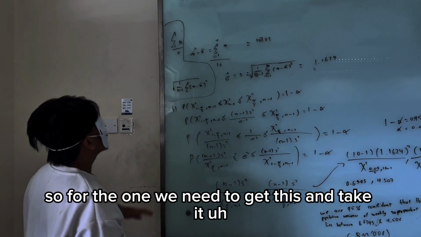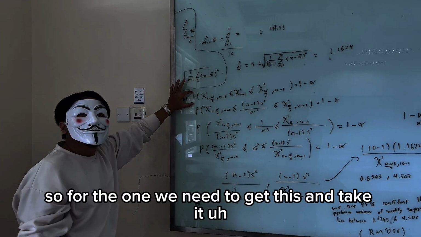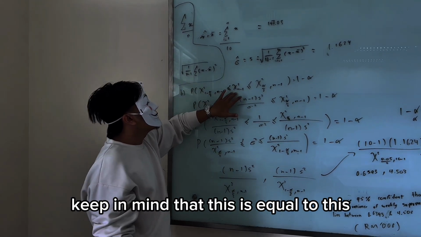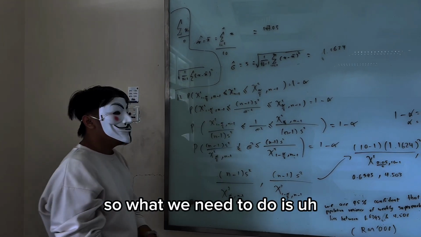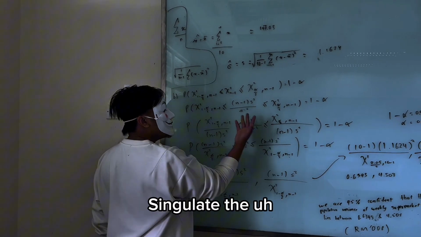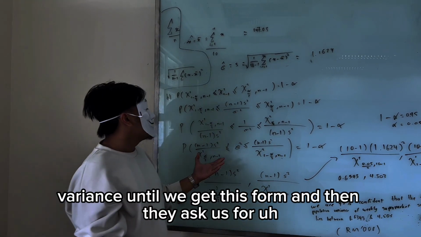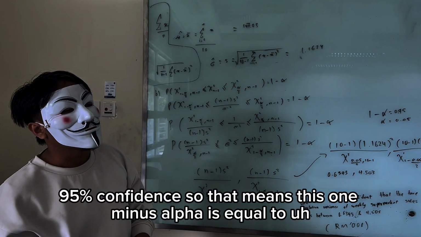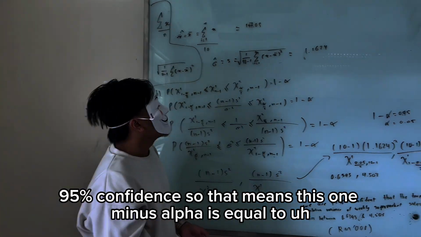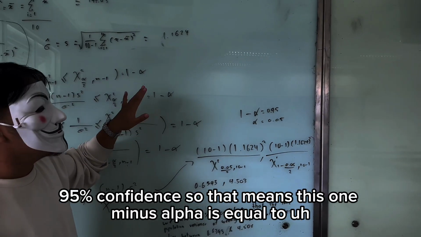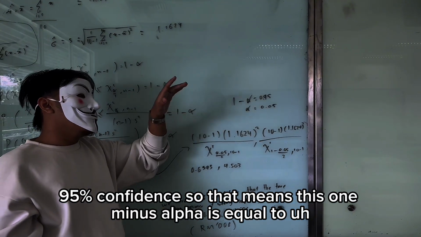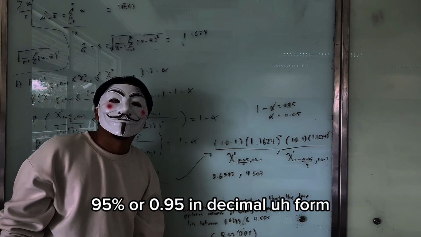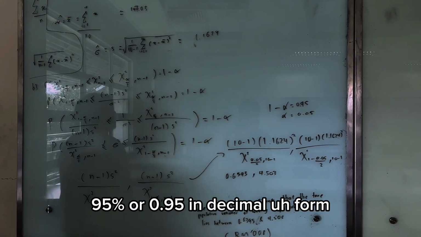First of all, we will get this, and keep in mind that this is equal to this. What we need to do is isolate the variance until we get this form. They ask for 95% confidence, so 1 minus alpha is equal to 95%, or 0.95 in decimal form.